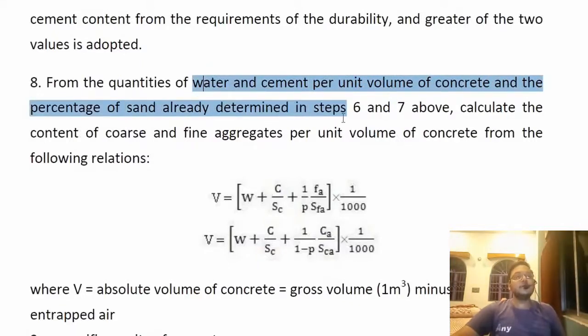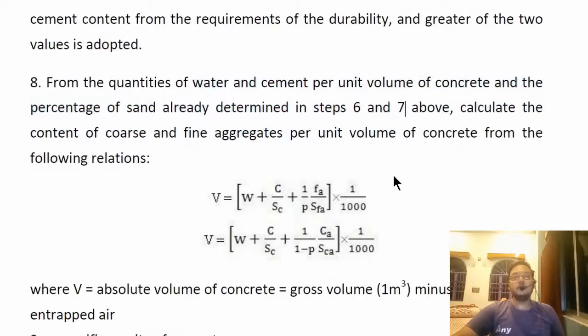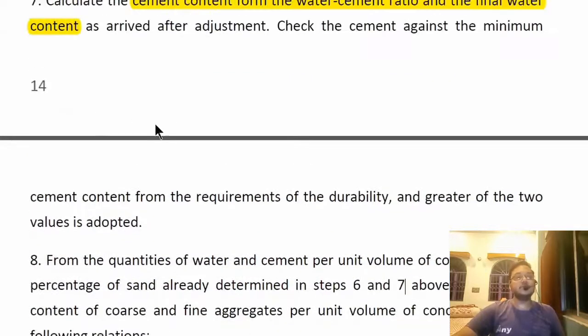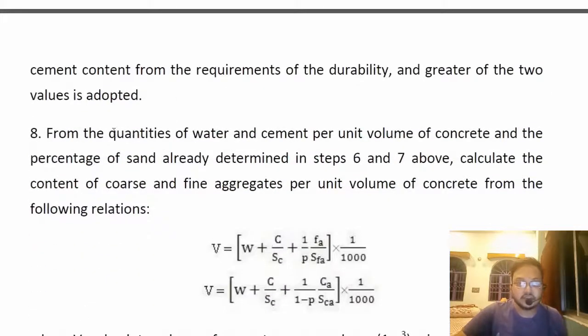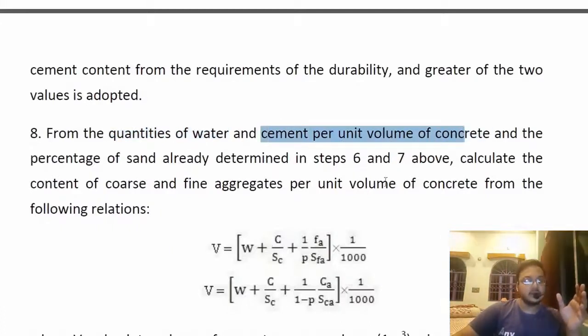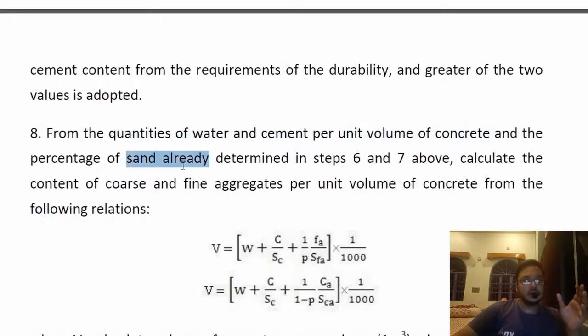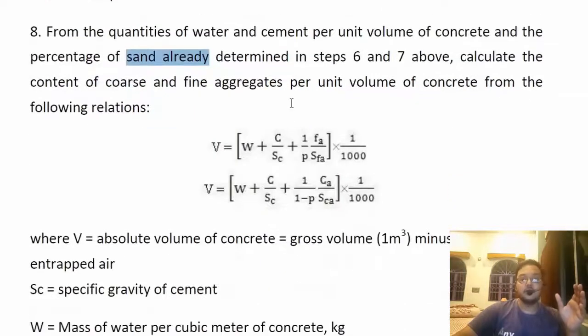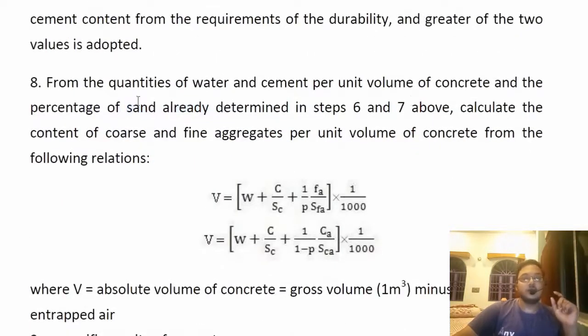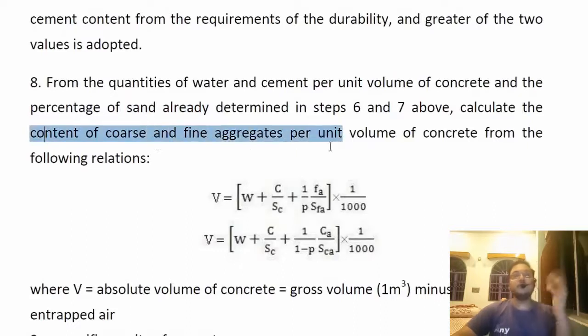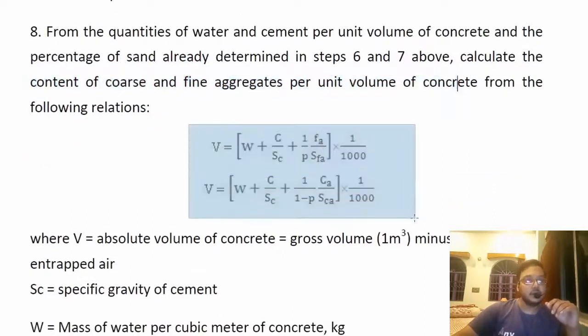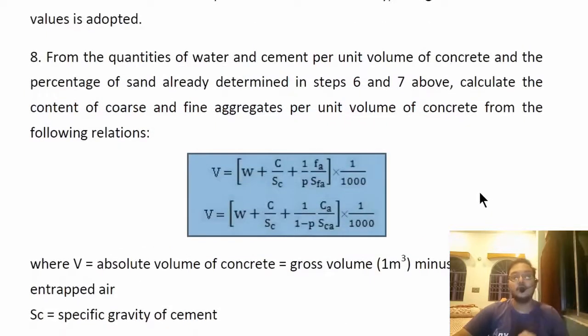Next, from the quantities of water and cement per unit volume of concrete and the percentage of sand already determined in steps 6 and 7, we will calculate the content of coarse and fine aggregates per unit volume of concrete from the relation given below.